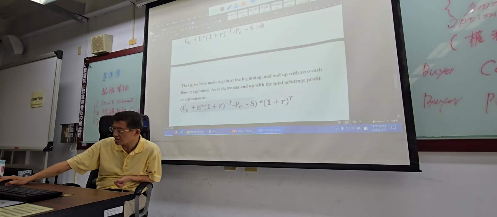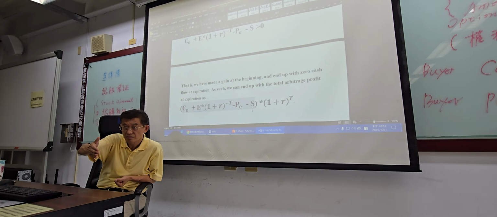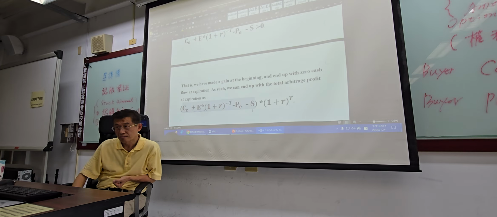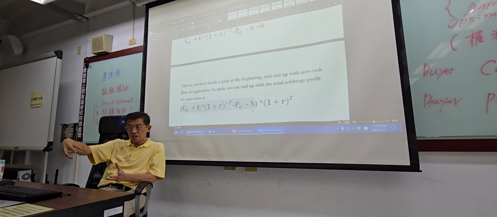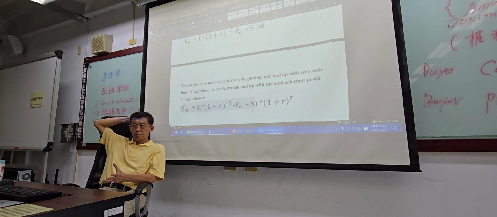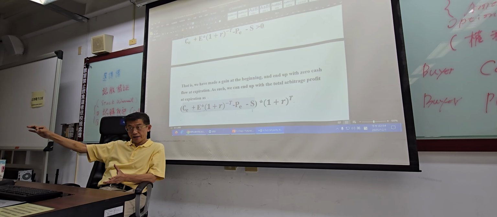Okay, because this amount is the cash profit you derived at the beginning. Okay, let's say it's 1 million NT dollar. Are you going to put this 1 million NT dollar you make at the beginning as your profit under your pillow on your bed for 1 year to the expiration? No, you will deposit at the bank, right?